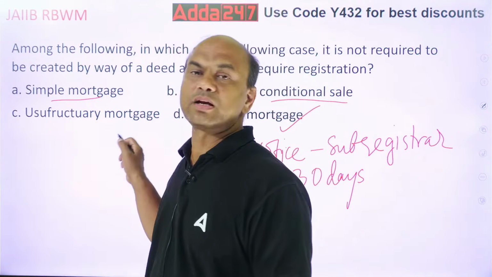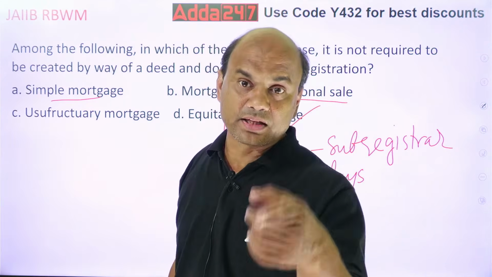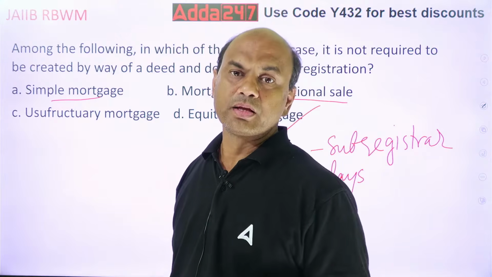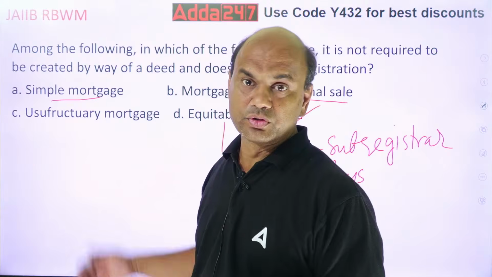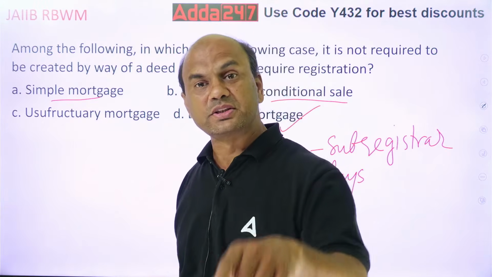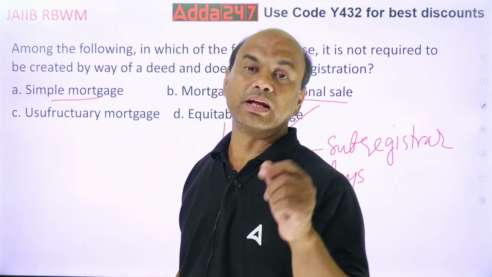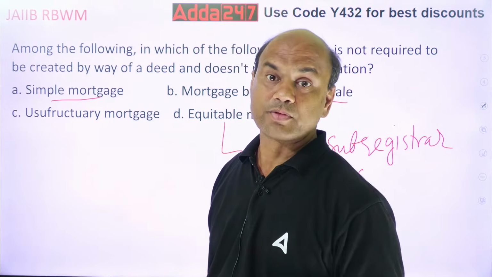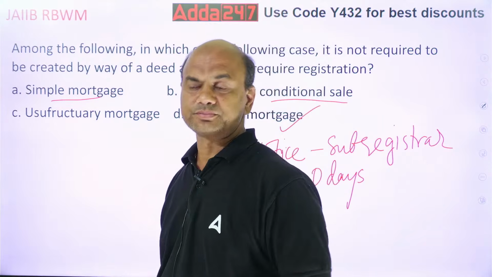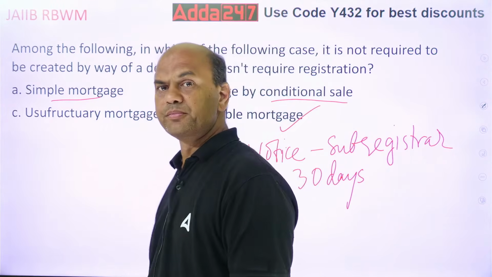Usufructuary mortgage means I will get the income from that property. Suppose I give a loan against a usufructuary mortgage and the house is given on rent, then that rent will be received by the bank, not the customer. Very important difference.